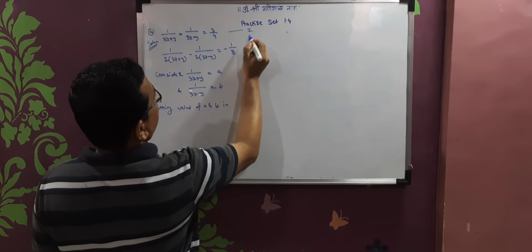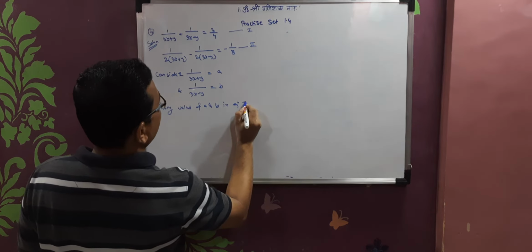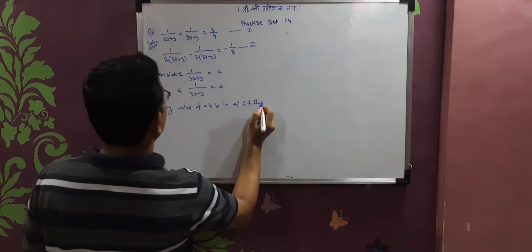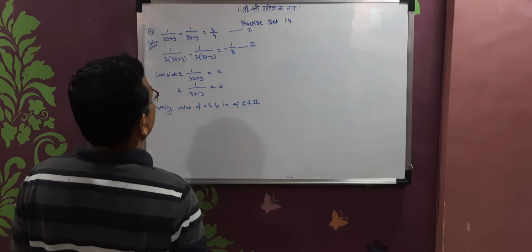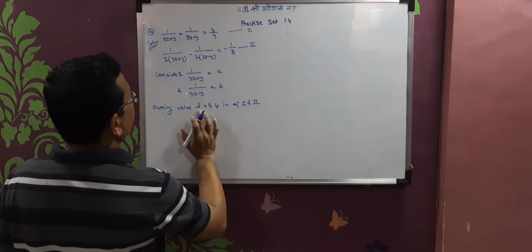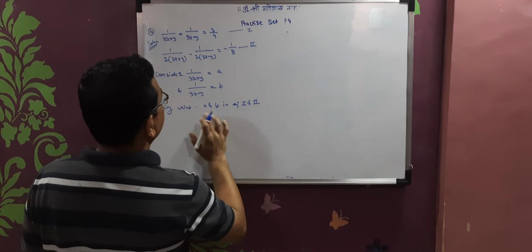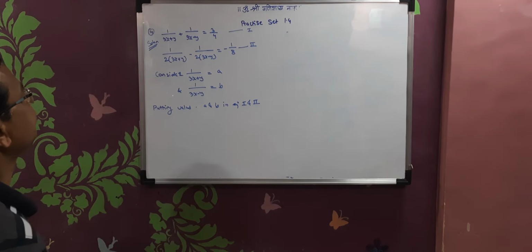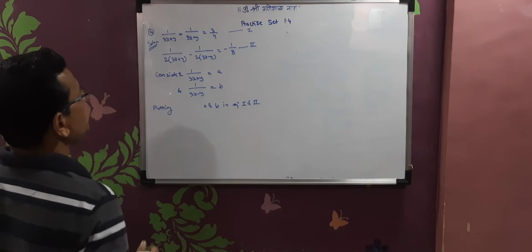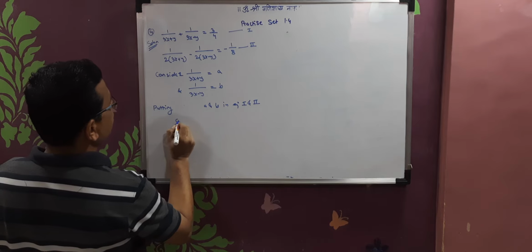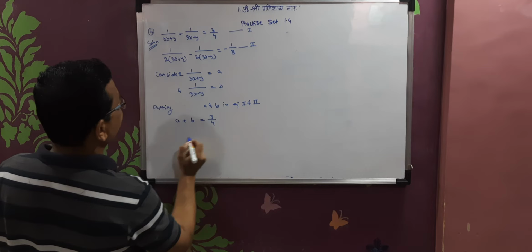This is equation number 1, this is equation number 2. Putting the values of a and b in equations 1 and 2, the first equation becomes a plus b is equal to 3 upon 4.